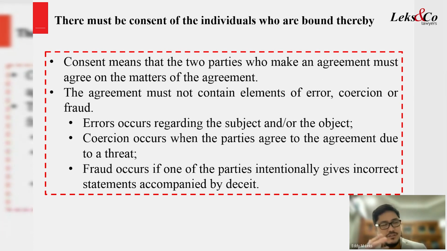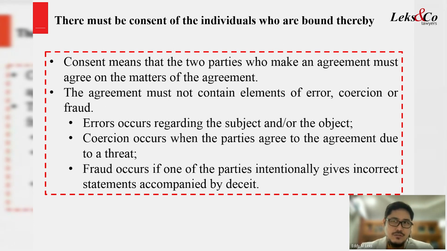Okay, so consent. Just the first element. So many discussions, so many theories. Like I said, J. Satrio has several theories on that. When there is a consent, he has explained so many theories. You can read it in his book. But the consent can be defective.